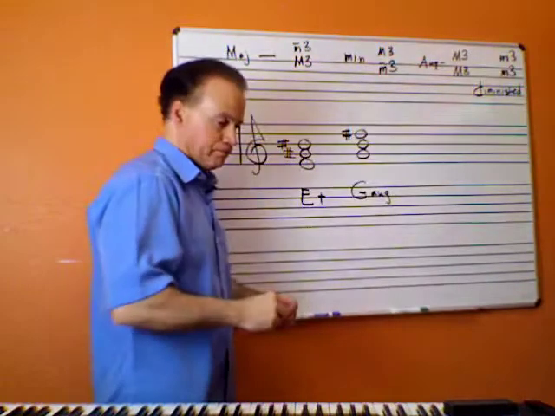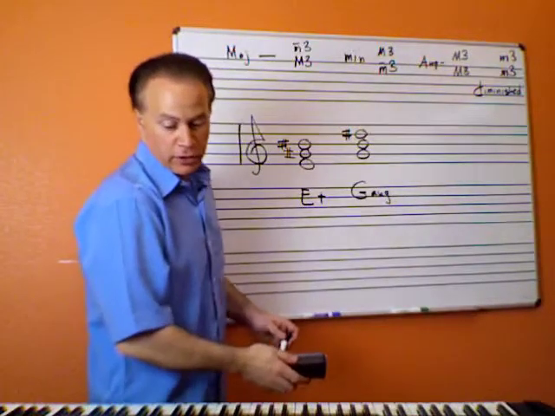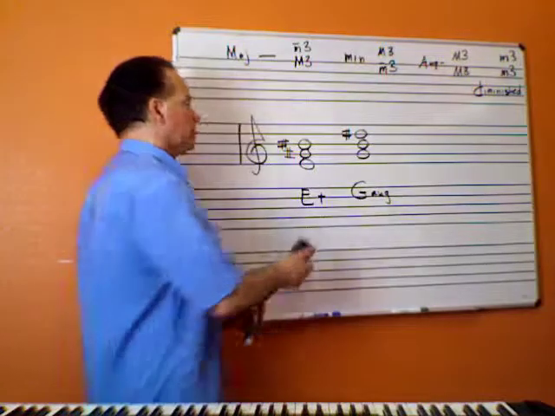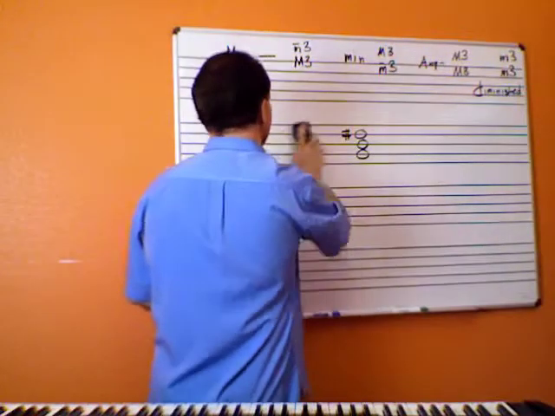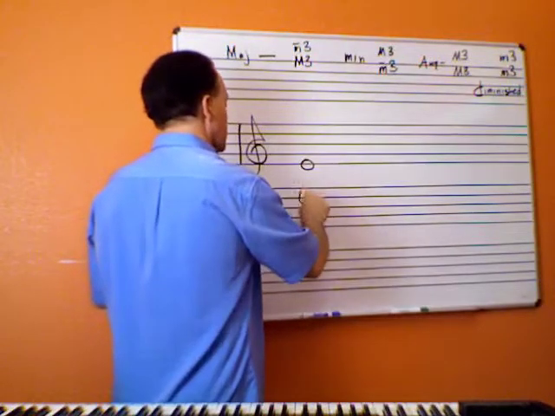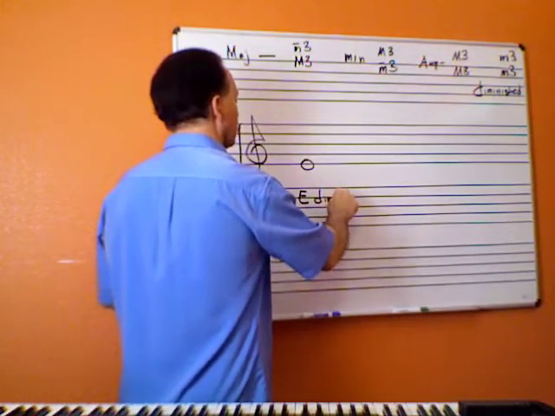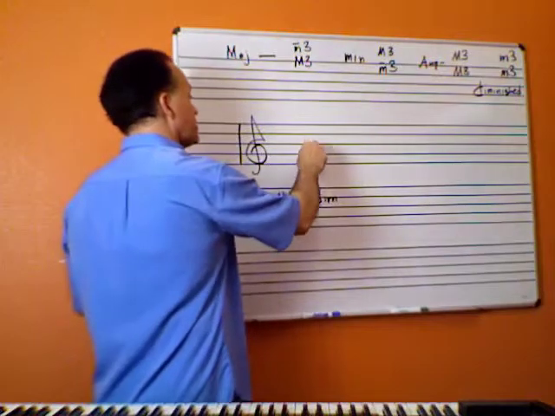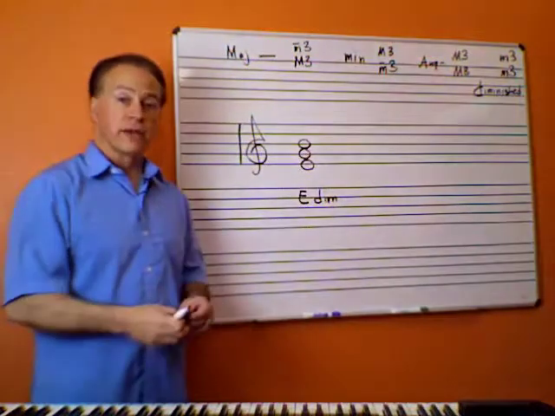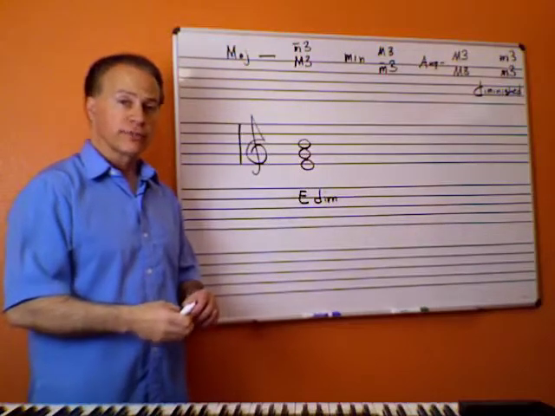Finally, for diminished, let's look at the first, well, I think we might have done those. Let's look at the last two, E and A sharp. An E diminished triad. Well, I know it has to be spelled this way, line, line, line. What I could do is make an E major triad and lower the top two pitches by a half step.